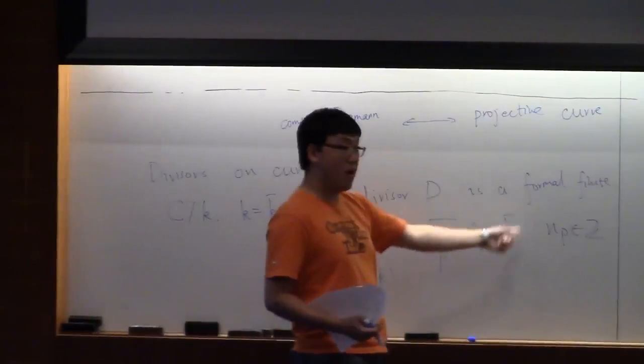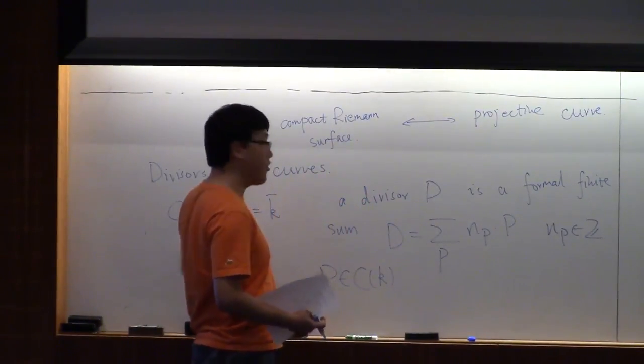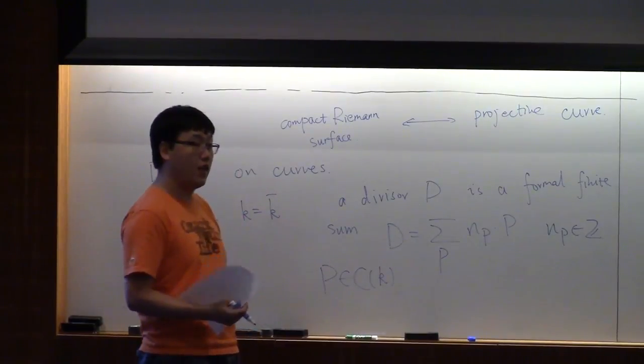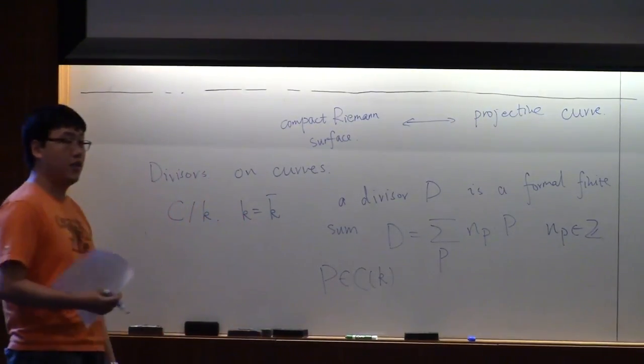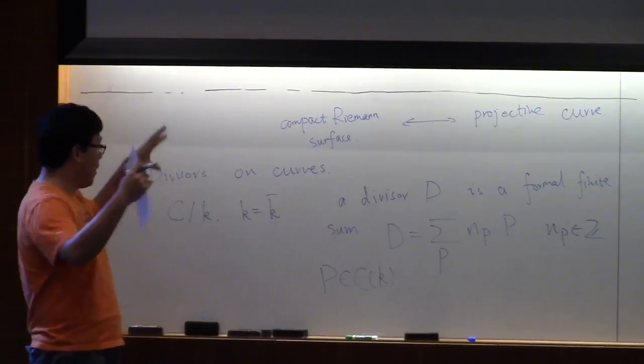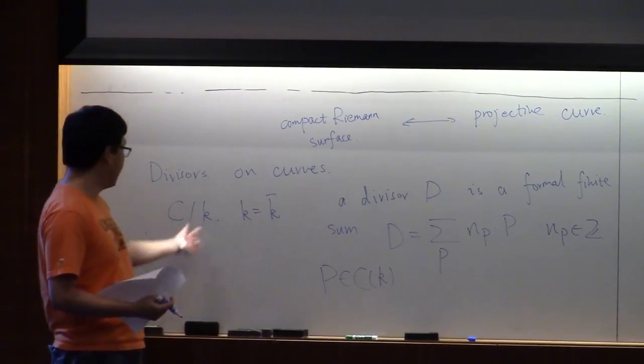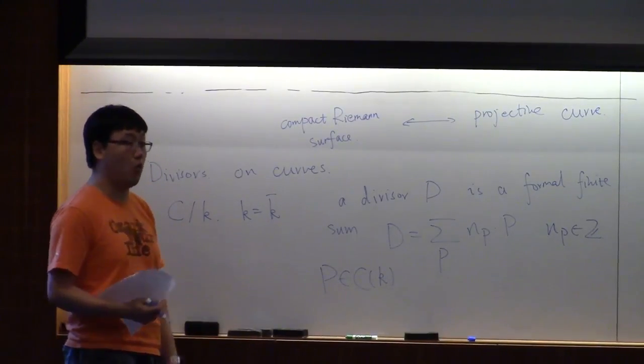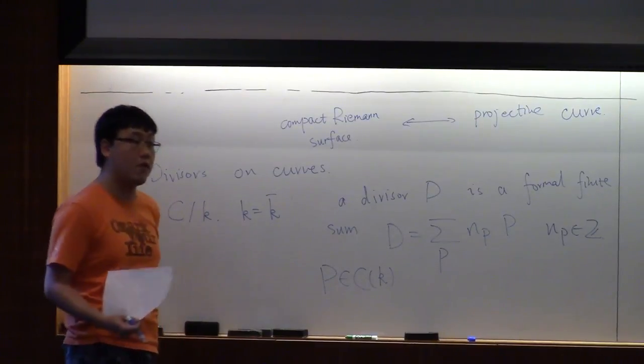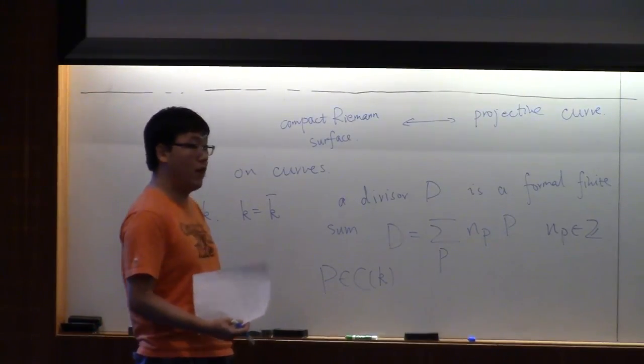A naive guess is that you just replace the point P by k-rational points on the curve C. But this is not a very good definition, because on a curve, you may not have k-rational points at all, or you only have one or two or very few k-rational points.